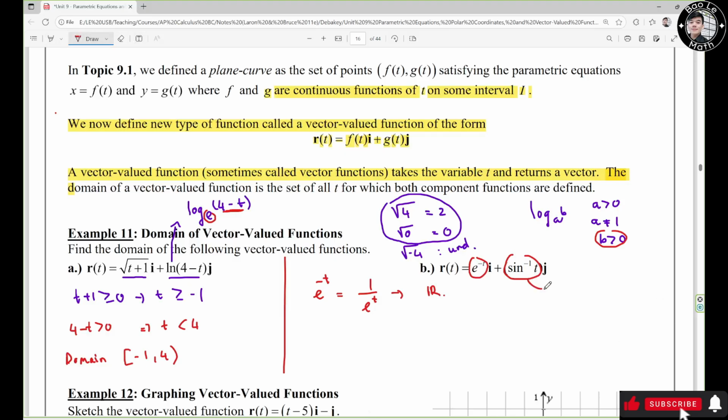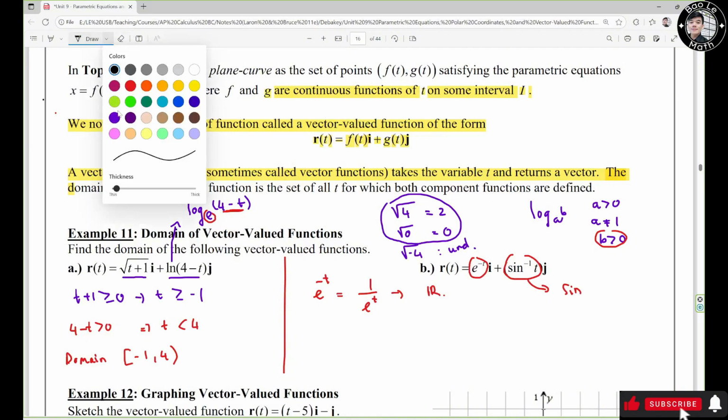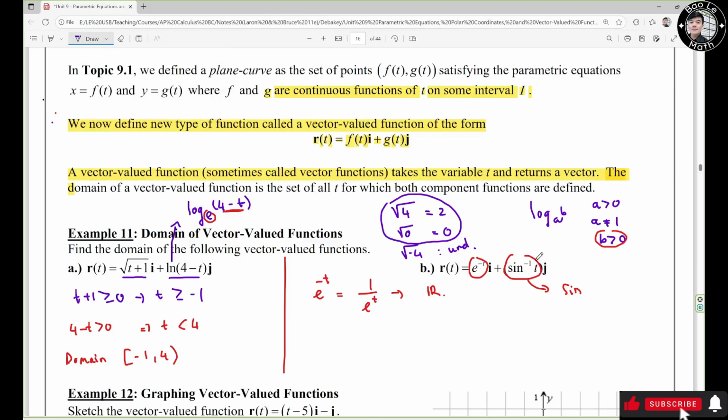This one is the inverse function of the sine function. So the input of this one is actually the output of the sine function, which means the range. We know that the range of the sine function is from -1 to 1.